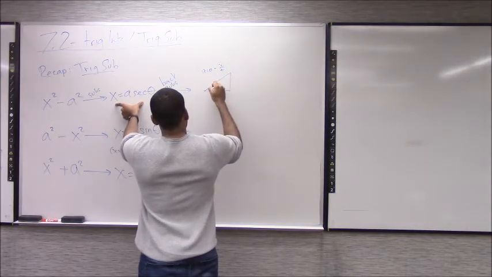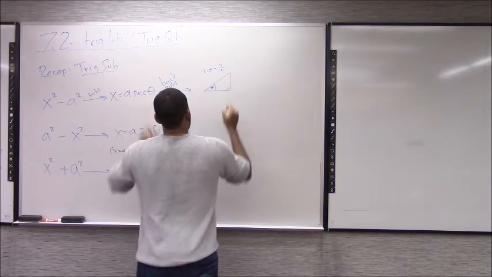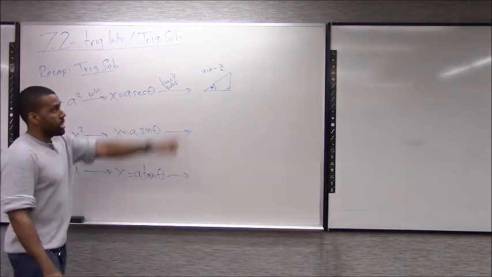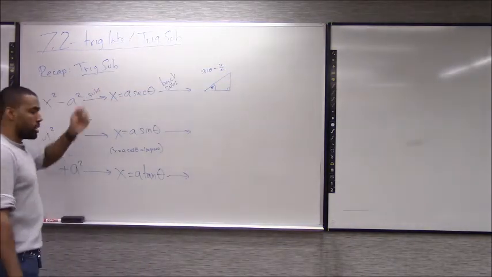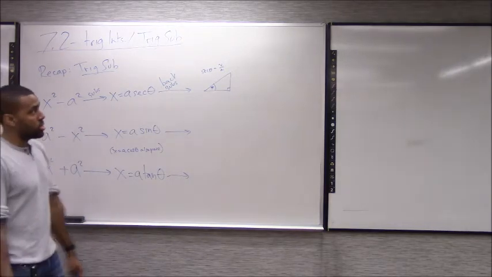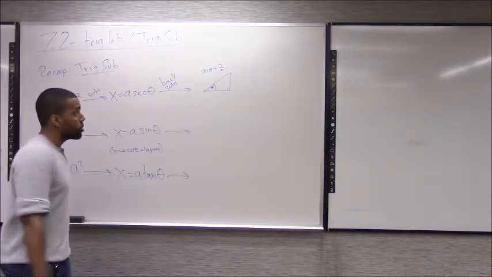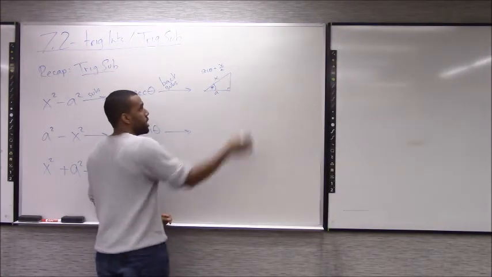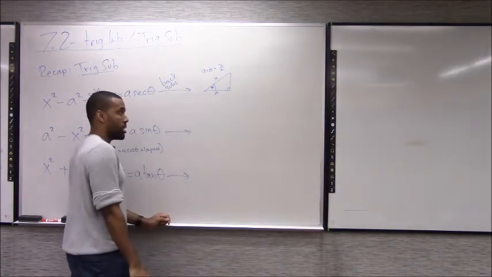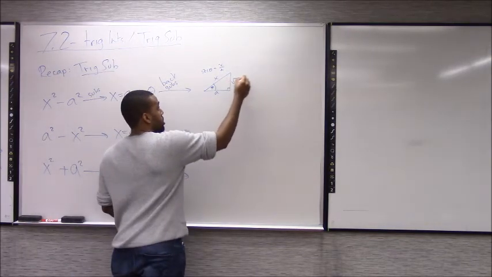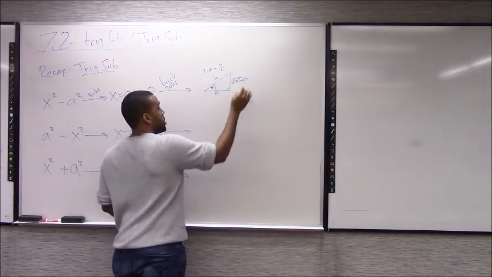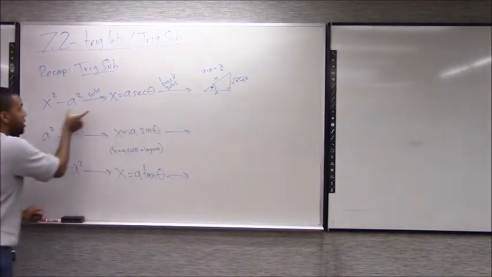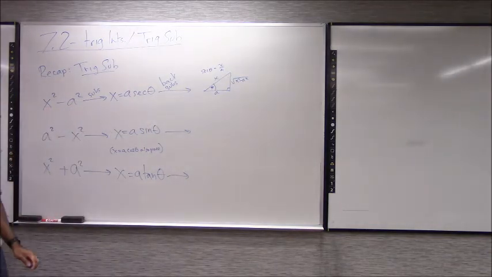This forces a right triangle based on SOHCAHTOA. You know that secant is just 1 over cosine. Cosine is adjacent over hypotenuse, so this guy's actually hypotenuse over adjacent. So this would be the hypotenuse, that would be the adjacent, and then if you find that side with Pythagoras' theorem, it turns out being the square root of x squared minus a squared. That same phrase that you saw here, but with a radical on it.